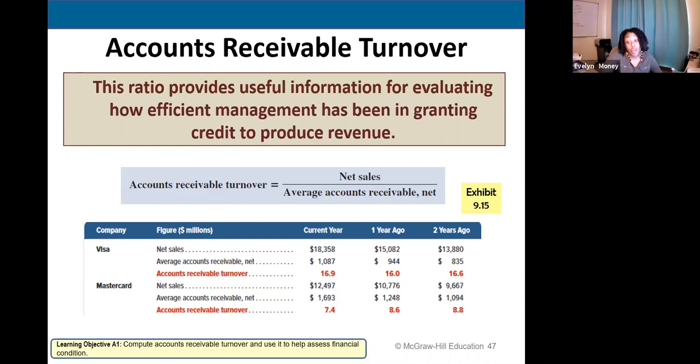It is dependent upon our credit policy. In this case, it looks like Visa is able to turn over their receivables 16 times a year, so a little less than once a month in this situation, whereas MasterCard collects more than once a month, excuse me, because it's 7.4. So 7.4 times a year, and that's, again, 16.9 times a year.